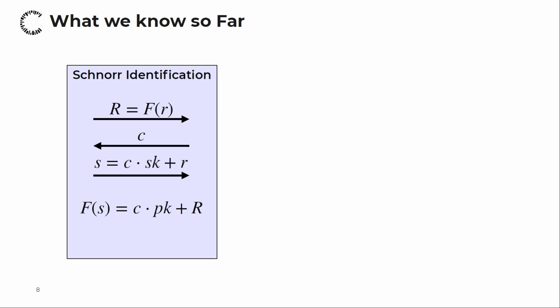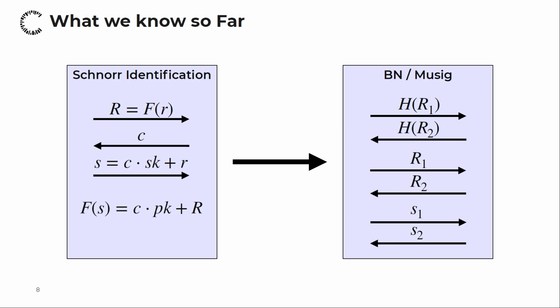So this will come in handy later. And now what Bellare and Neven showed is you can turn this into a multi-signature scheme. The rough idea is that every signer locally runs this Schnorr identification protocol, but after each step you take these messages, for example the nonces, and you aggregate them. And because this is all nice and linear, this works out.